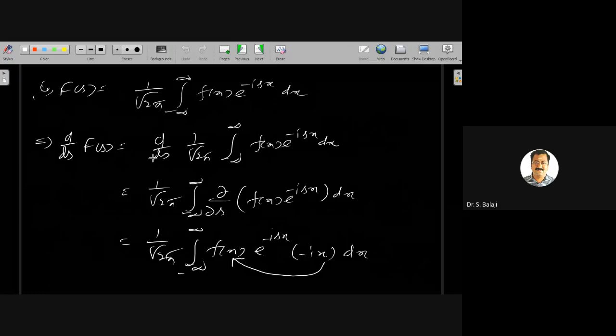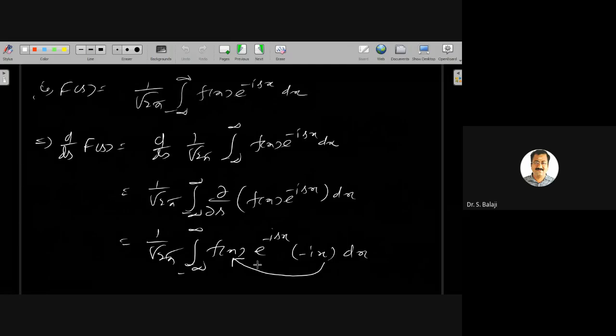Then this derivative moves inside the integration as a partial derivative. This is the Leibniz rule. 1 by root of 2 pi, minus infinity to infinity, dou by dou s of the remaining function. But here x is independent and only s is present. Therefore, differentiate with respect to s for f of x e power minus I s x. The derivative of e power minus I s x with respect to s gives minus ix.